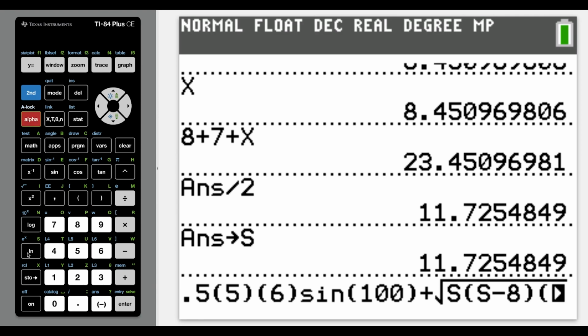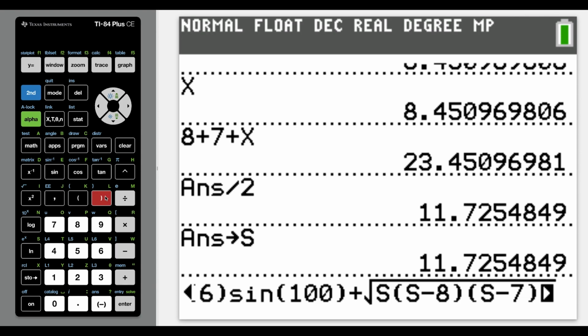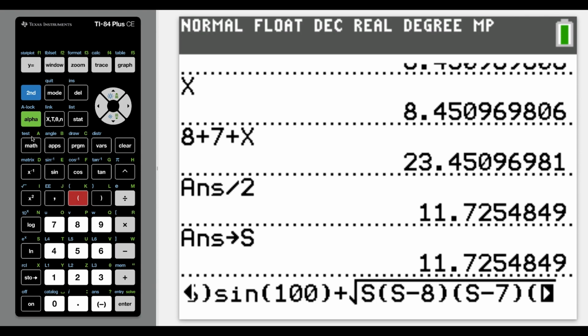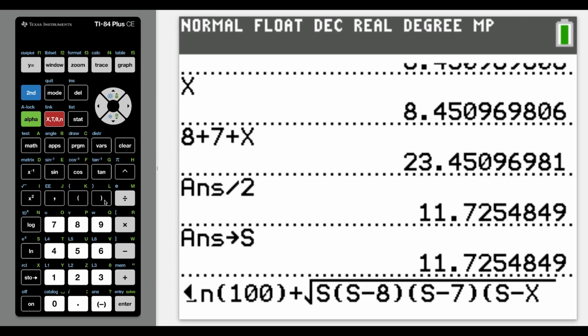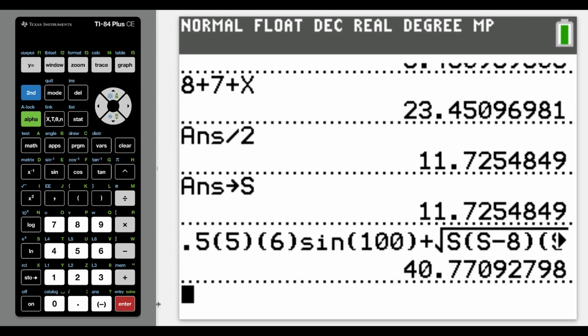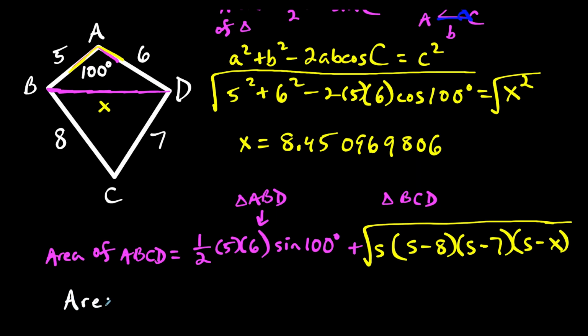And then we have s minus 7. And then we have s minus x, which once again, x is already stored in the calculator as 8.45, this whole number here. So that's the last one to type in. So when we combine all of this, at the end, our final answer should be 40.77 square units. So our final answer, once again, the area of ABCD, and the calculator did all this work for us, was equal to 40.77 square units.